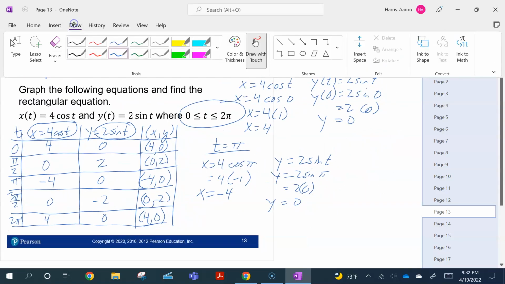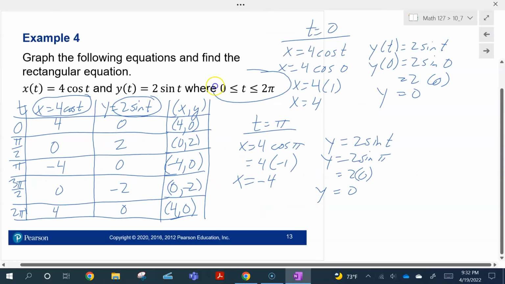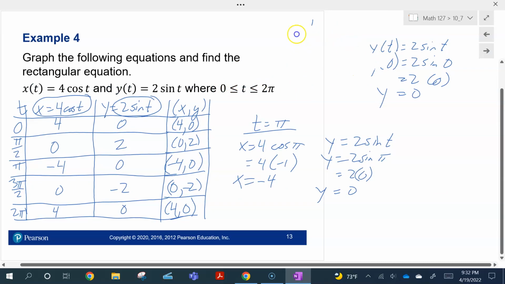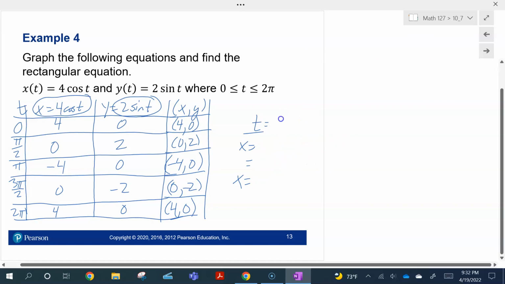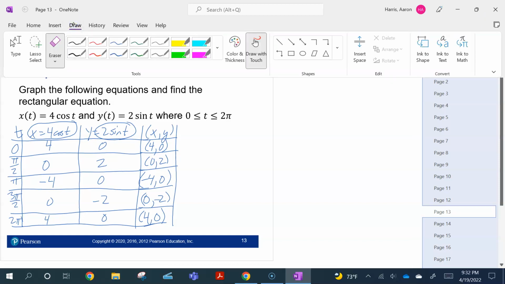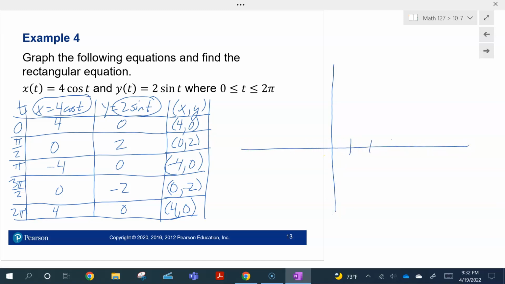Let's go ahead and erase this so we can draw our curve here. Alright, let's put on 4, 0.